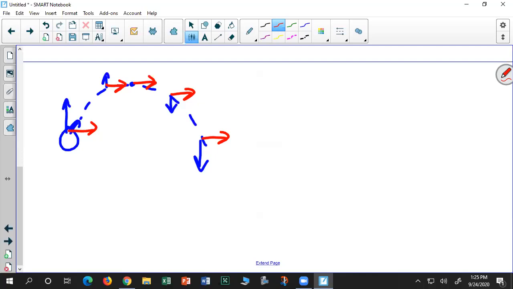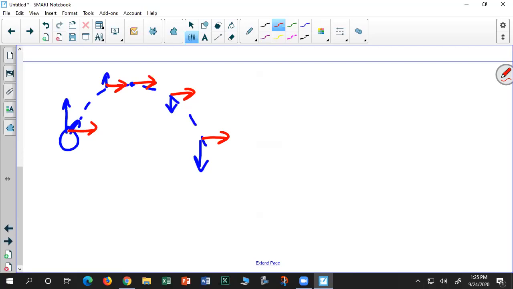Where is the acceleration 0? It's a trick question, right? It's not 0. The acceleration is never 0, right?